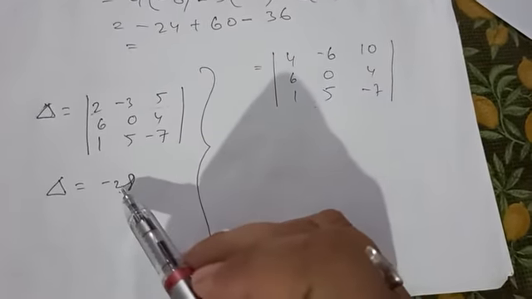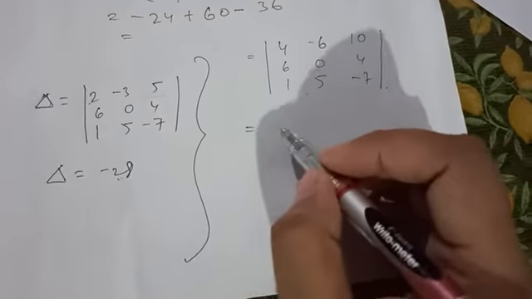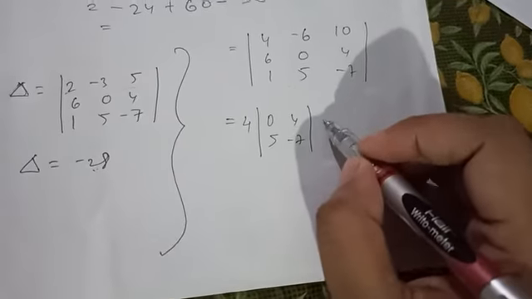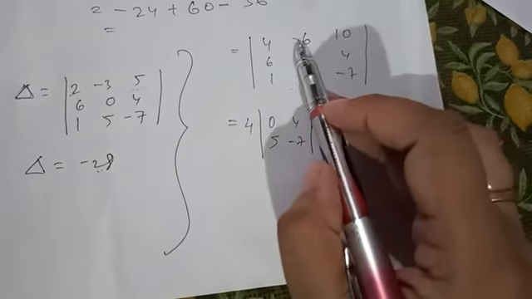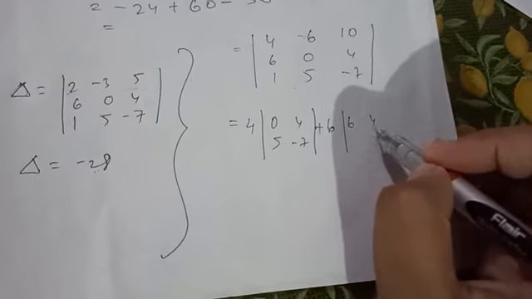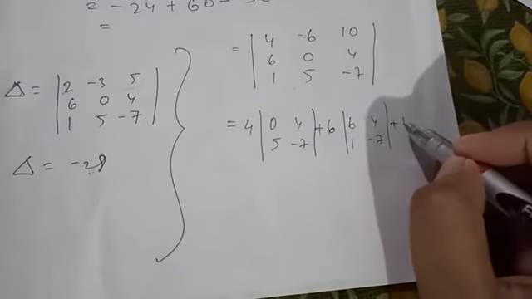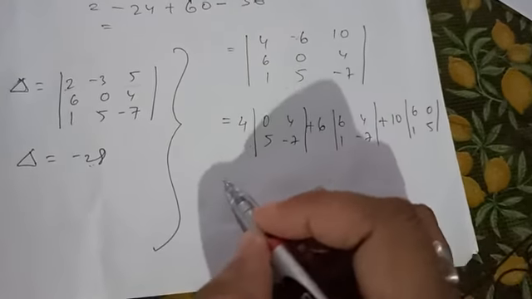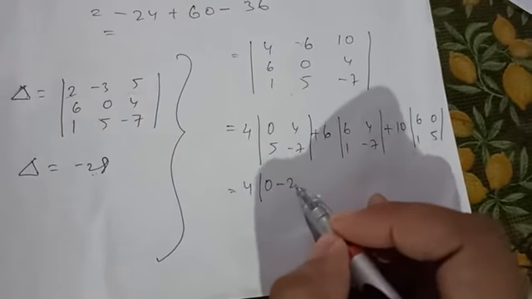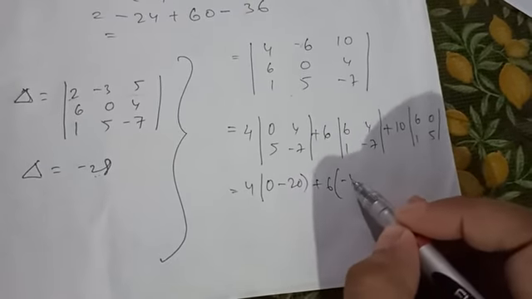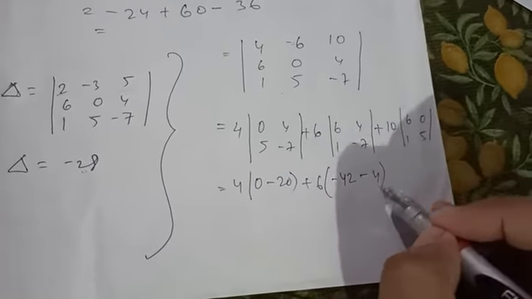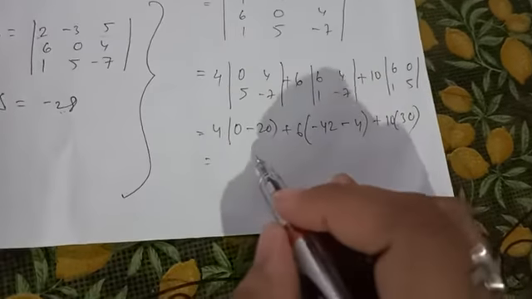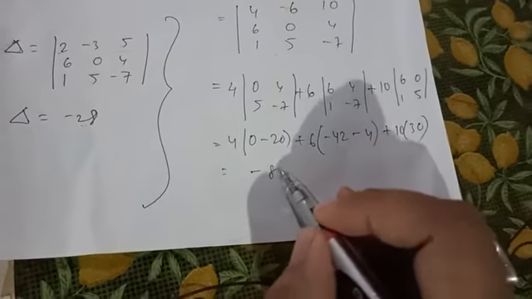It should come double this, isn't it? So 4 times (0, 4, 5, -7). It will be +6 now because it is already minus here. So 6 times (4, 1, -7), plus 10 times (6, 0, 1, 5). That gives 0 - 20, plus 6 times -42, minus 4, plus 10 times 30.